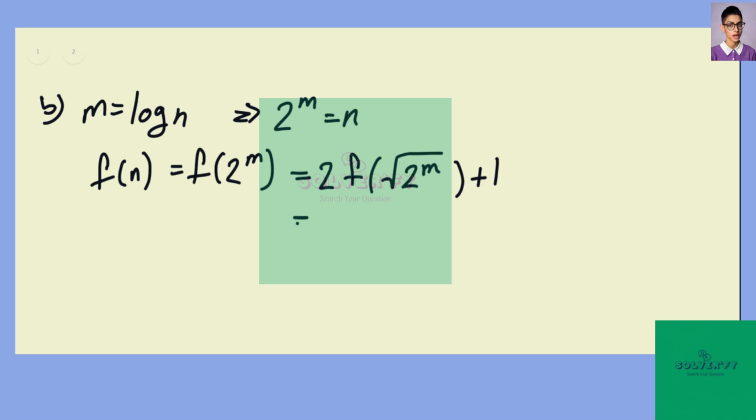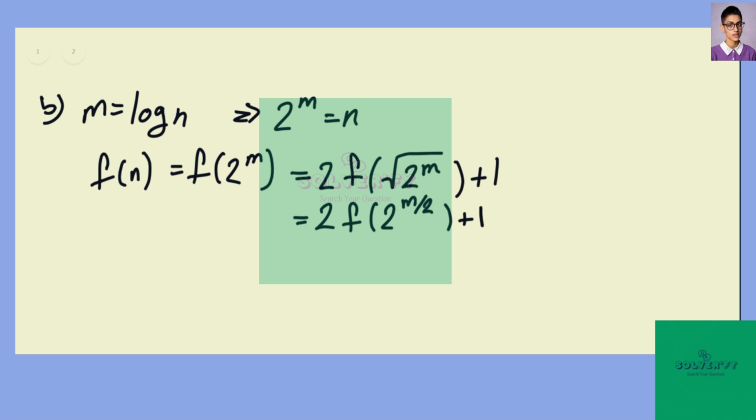But this is going to be the same as rewriting it as 2 times f(2^(m/2)), right? Because square root is the same as the power of 1/2, plus 1. So that's just rewriting it.